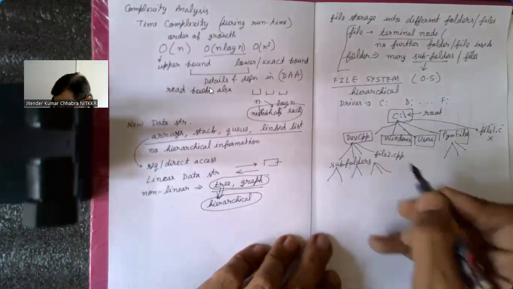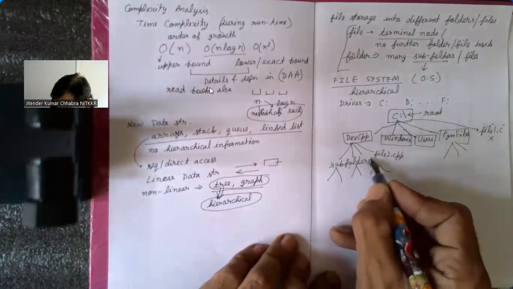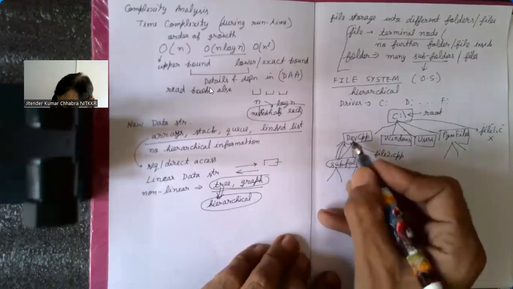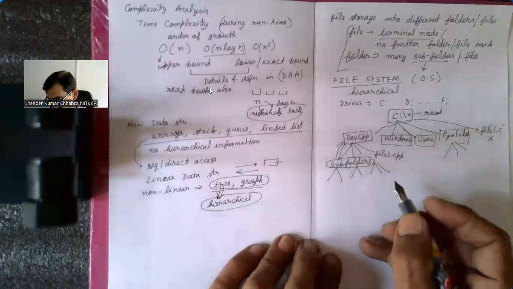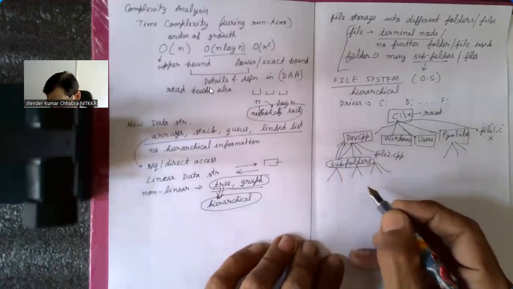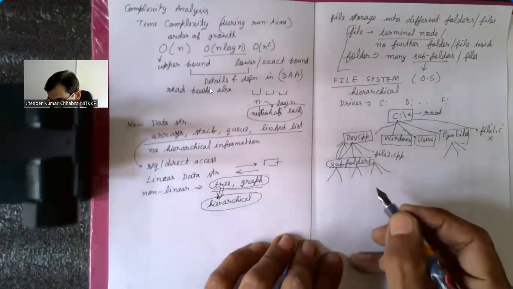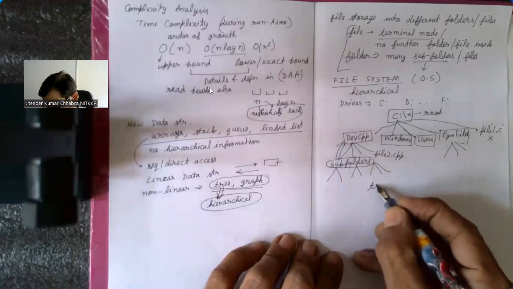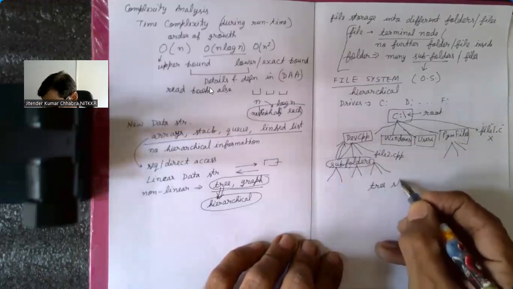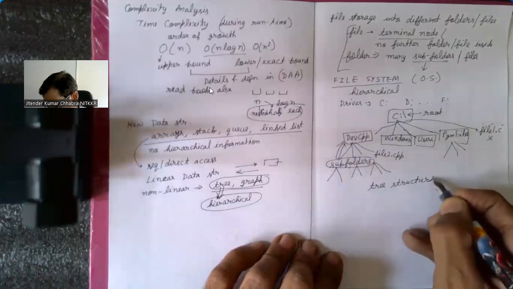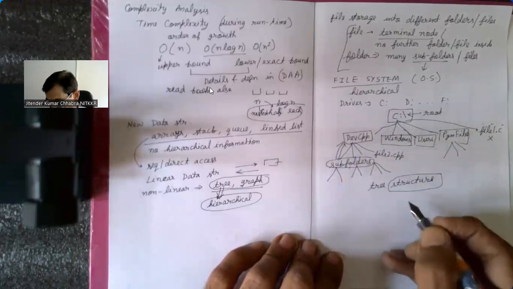But if you observe carefully, every subfolder hierarchically is a part of only one outer folder. So this is what we call a special storage system, and such a storage system is called a tree structure. So tree is another data structure which we are going to study now.